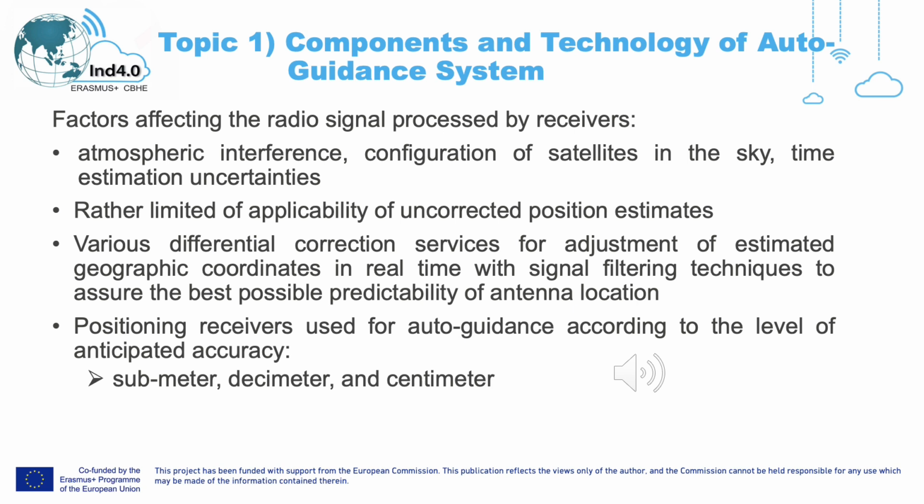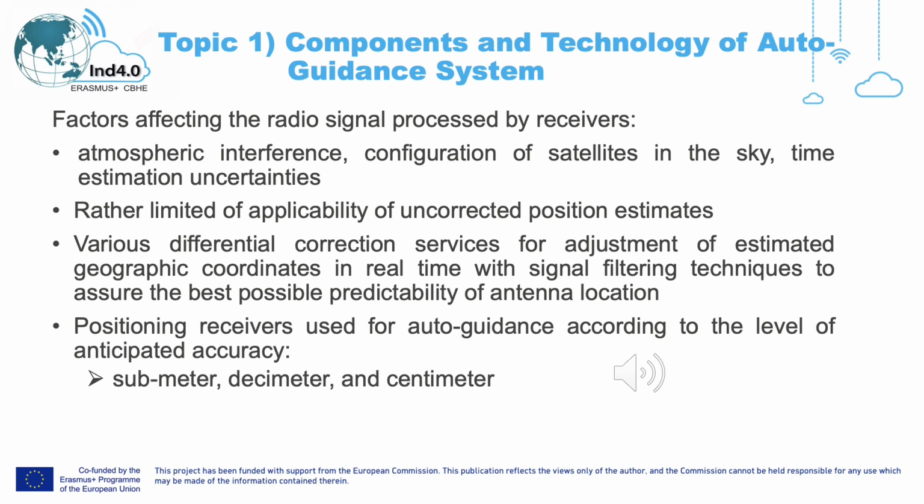Like in any other type of system, radio signal processed by receivers can be affected by several factors, for example, atmospheric interference, configuration of satellites in the sky, and time estimation uncertainties. The applicability of uncorrected position estimates is rather limited.